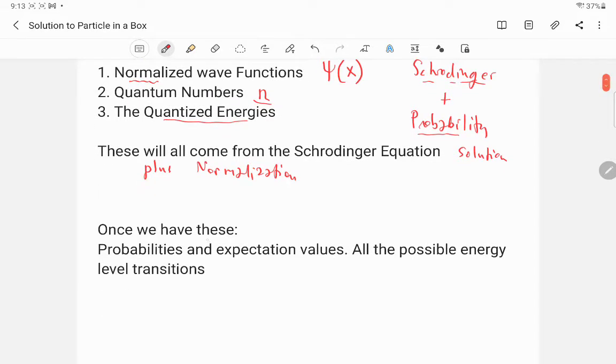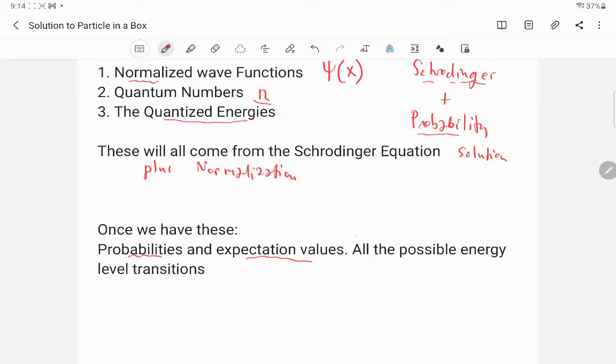And then once we have these things, you can do stuff with calculating probabilities. What's the probability of discovering the particle between this place and this other place? Or what's the expectation value of the square of the momentum? Or things like that. Those kinds of questions you can ask the wave functions, but in order to get the wave functions, you have to solve the Schrodinger equation.